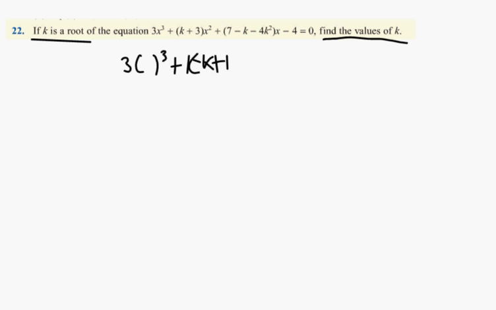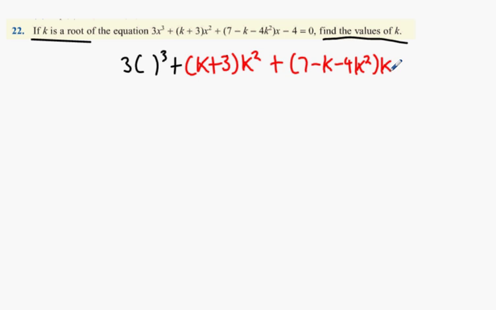Then replace x with k squared plus 7 minus k minus 4k squared times k minus 4 equals 0. Everybody right with that? Yeah. Now multiply it out.